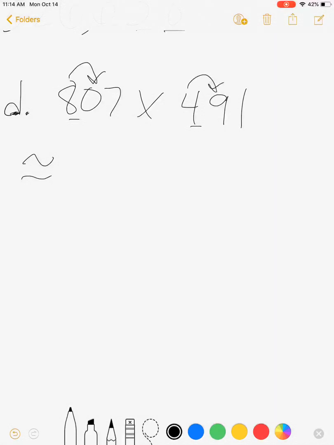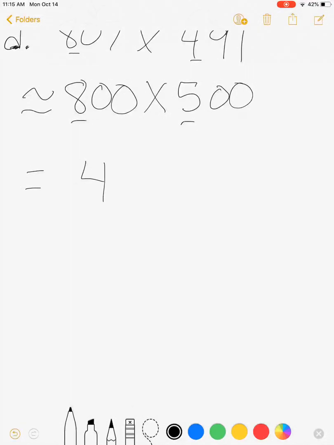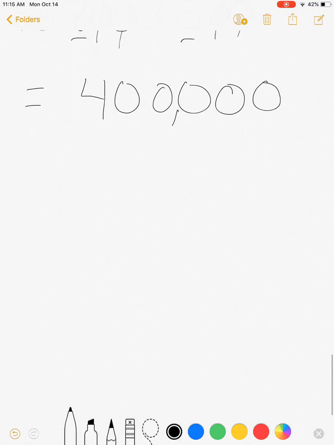Look to the right. 0 is definitely less than 4. It's going to stay the same. 9 is more than 5. 5 or more raises scores, so it's going to be 500. 8 times 5. And bring down 2 zeros. Then 2 more. We get 400,000.